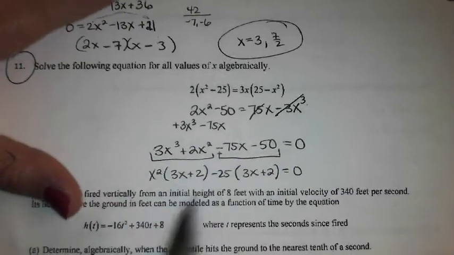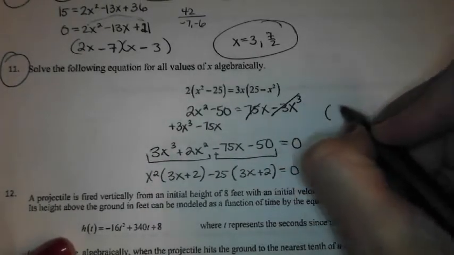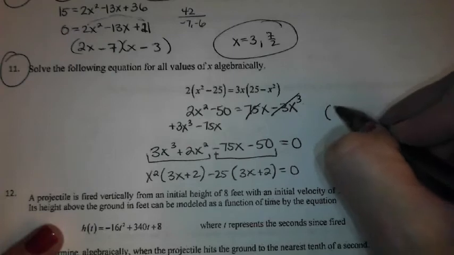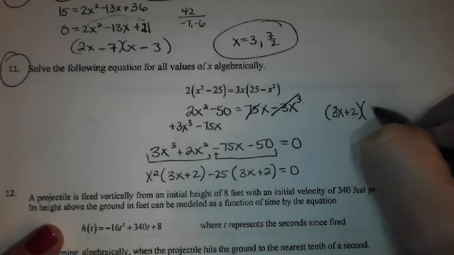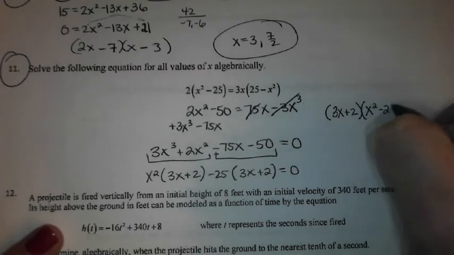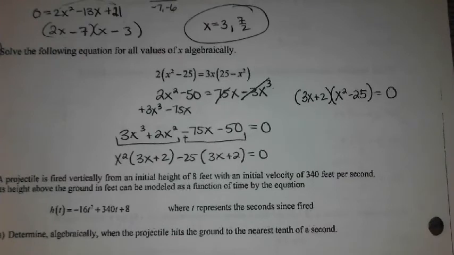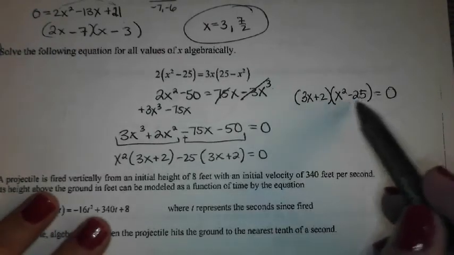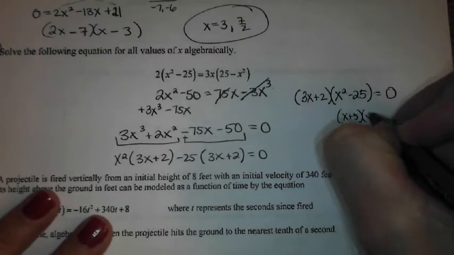If the leading term of your group is a negative. Okay, so what are my two factors? Yeah. 3x plus 2 and x squared minus 25. Now, what do you notice about that? Not done. Difference of perfect squares factors into x plus 5, x minus 5.